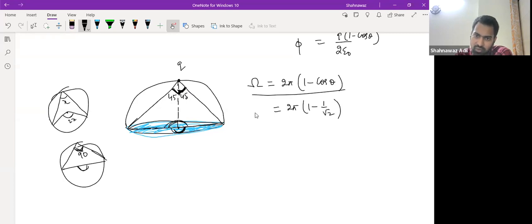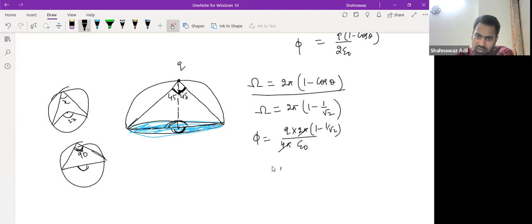And if you know this solid angle, then you can calculate what would be the flux. Oh, Tariq got disconnected. So this is Q by epsilon naught, times 2 pi (1 minus 1 by root 2), over 4 pi.